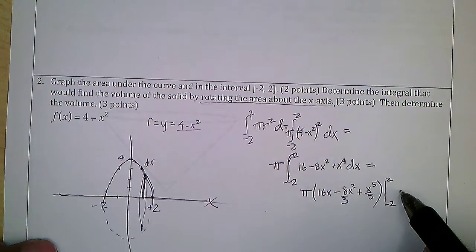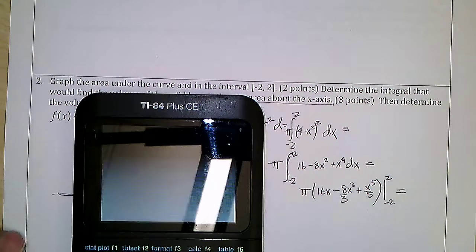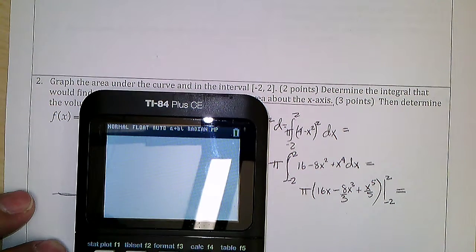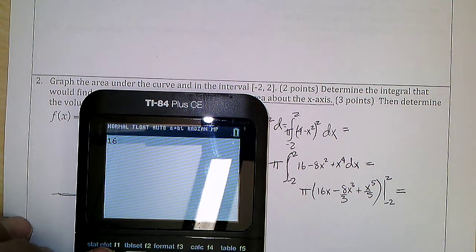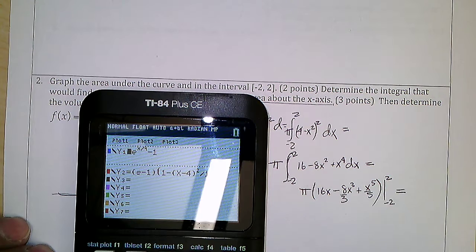And many of you had trouble plugging in the numbers on this. Let's see what happened. So if I go to second quit, go to them here, and type in 16. Actually, the easy way to do this, I'll show you this just so you can do it. Enter. Come down here.